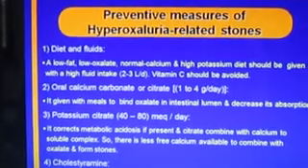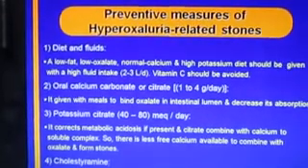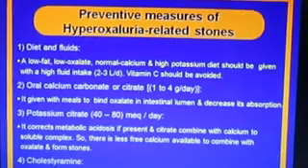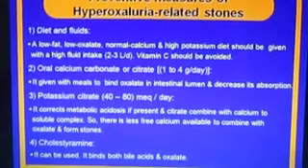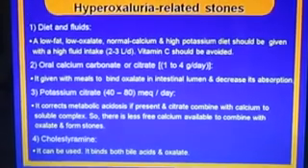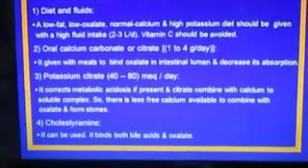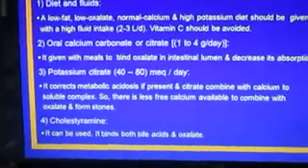Preventive measures of hyperoxaluria related stones: diet and fluids, a low fat, low oxalate, normal calcium, high potassium diet should be given with a high fluid intake from 2 to 3 liters per day, and vitamin C should be avoided as it is transformed to oxalates in the body.